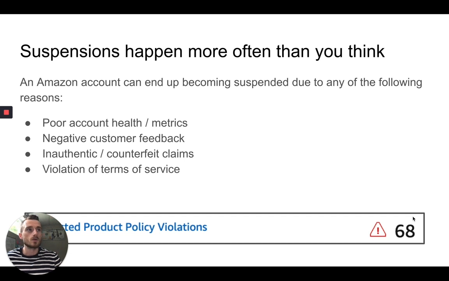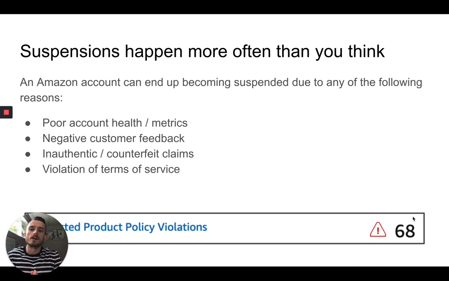You can have a bunch of errors in your shipments. You can be off on the number of units in a box. Amazon will receive the box and count it, and they'll say, hey, you're off by 10 units, and they'll document that. Then that goes on your account, and they'll say, oh, Curtis's account has a history of sending in the wrong quantity, and that will show up as negative shipping metrics.